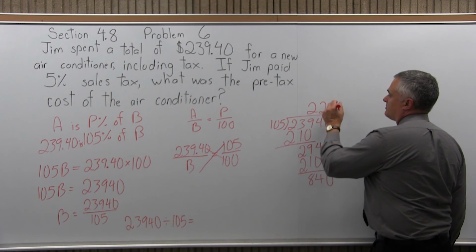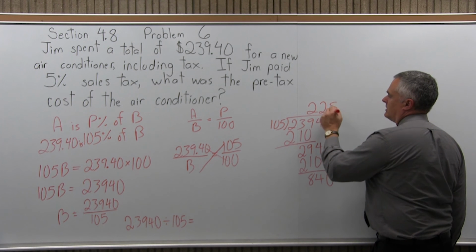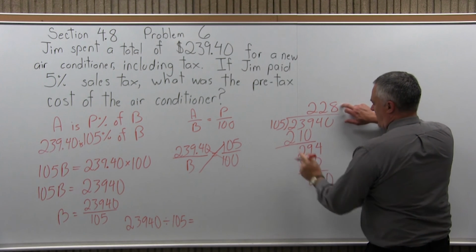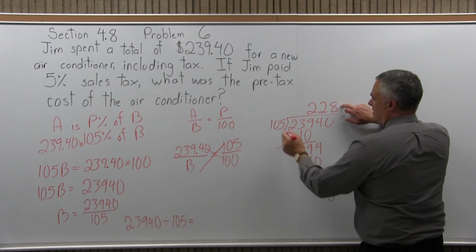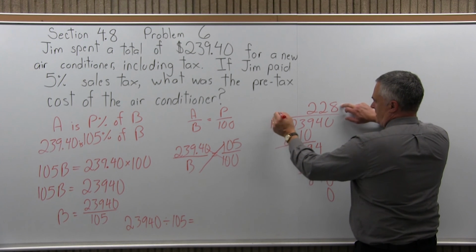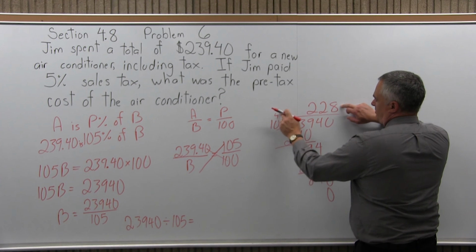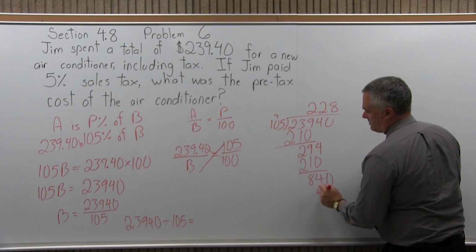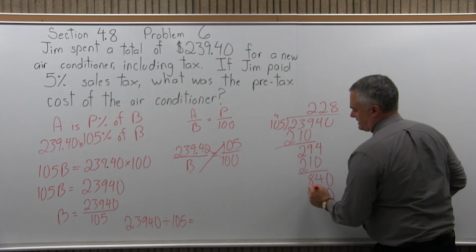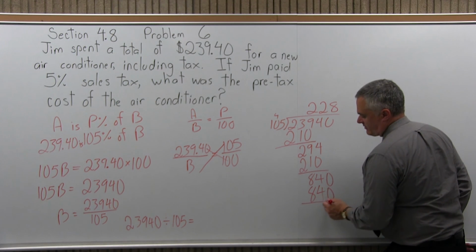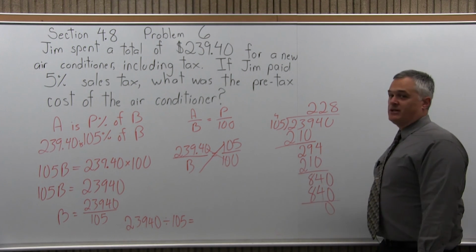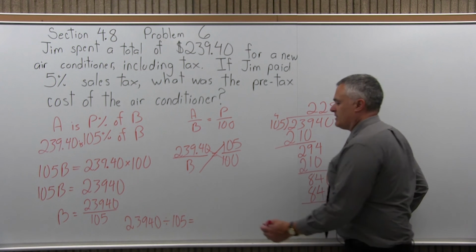So 8 fits pretty good. If I do 8 times 5, that's 40. Write the 0, carry the 4. 8 times 0 is 0, plus 4 is 4. And then 8 times 1 is 8. Look at that, 840, 840, subtract. No remainder, so 228. B is 228.